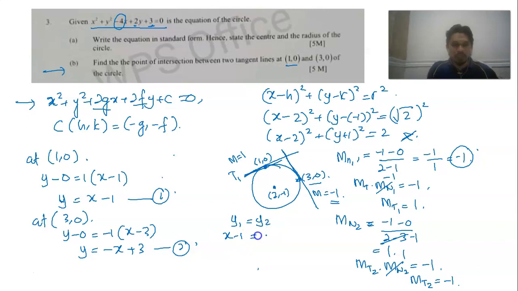So x minus 1 equals negative x plus 3, so 2x equals 4, and x equals 2. When x equals 2, y equals -2 plus 3, which is 1. The intersection point is (2, 1).